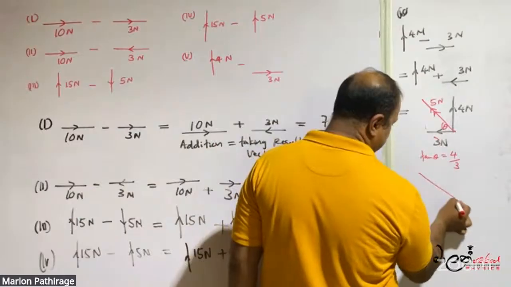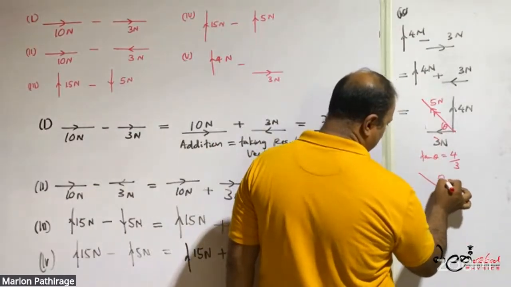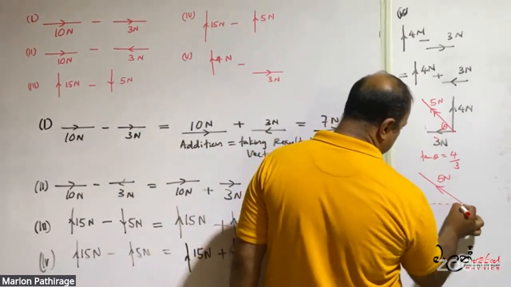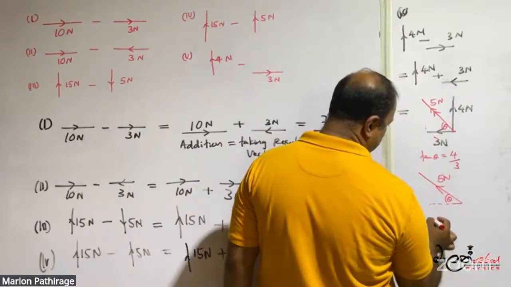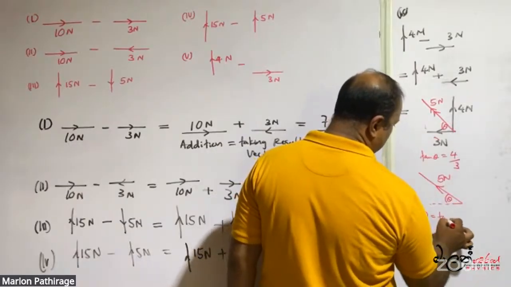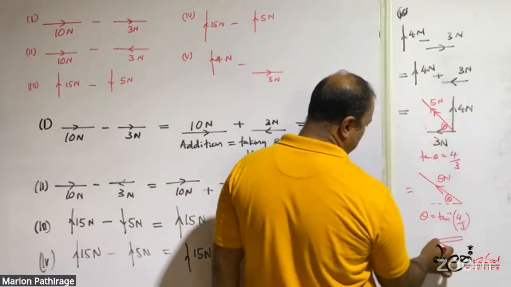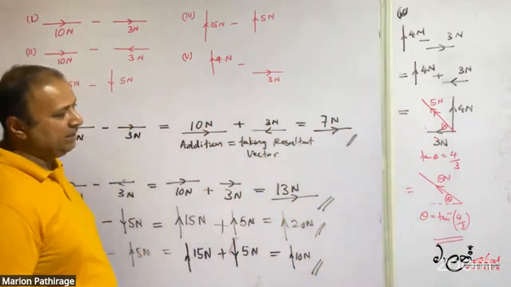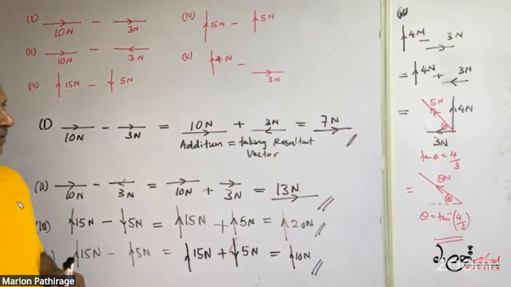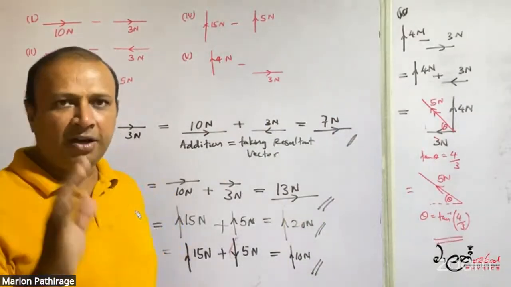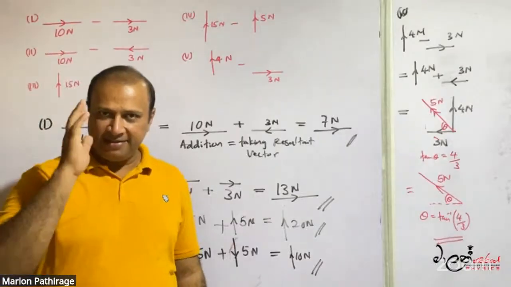So this is the subtraction, 5 Newton force. And this angle, theta is equal to tan inverse 4 over 3. If you got my calculations, please raise the hand.